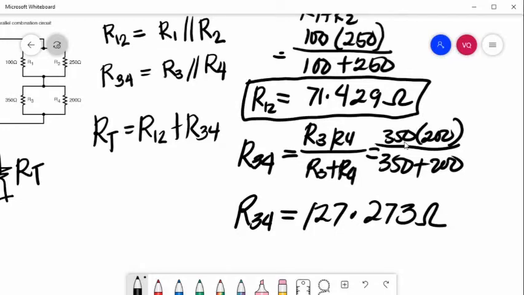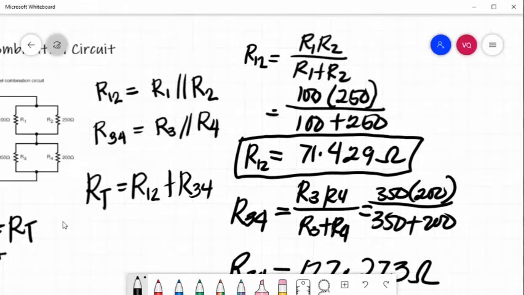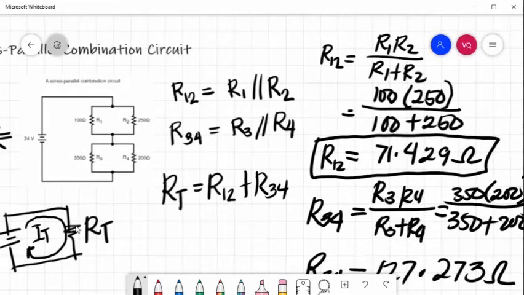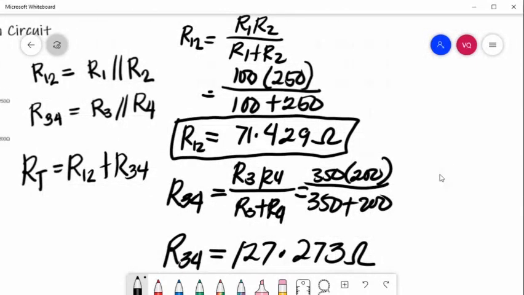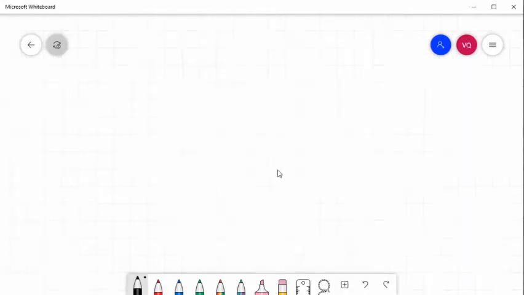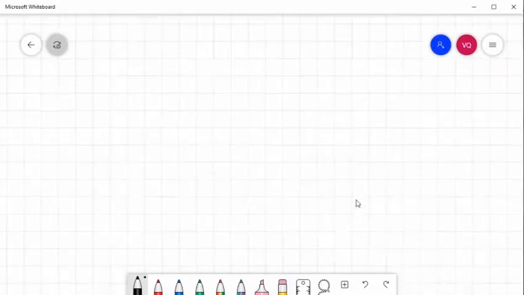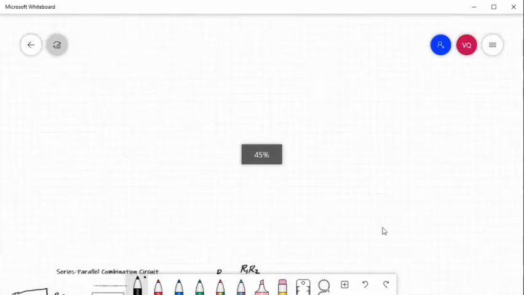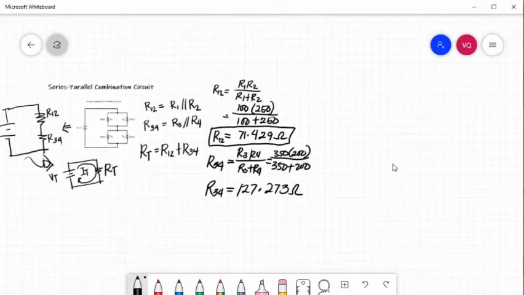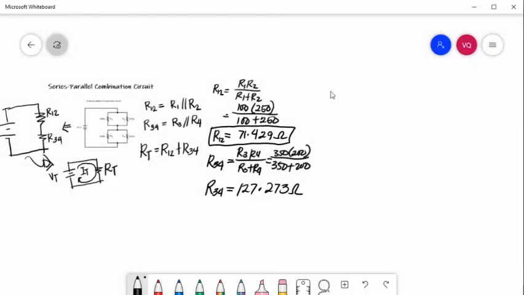Now, the series combination of R12 and R34. So we have now your R total equal to R1234, R12 plus R34.